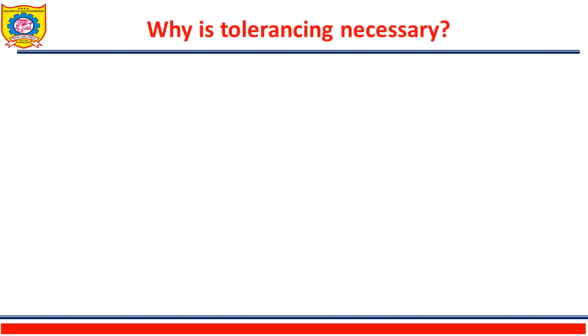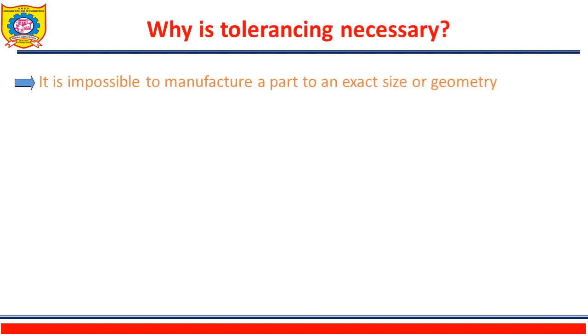So why is tolerancing necessary? Let us see. It is impossible to manufacture a part to an exact size or geometry. Practically it is difficult to produce perfect components with perfect sizes, and any attempt towards perfection results in extra cost of that component.